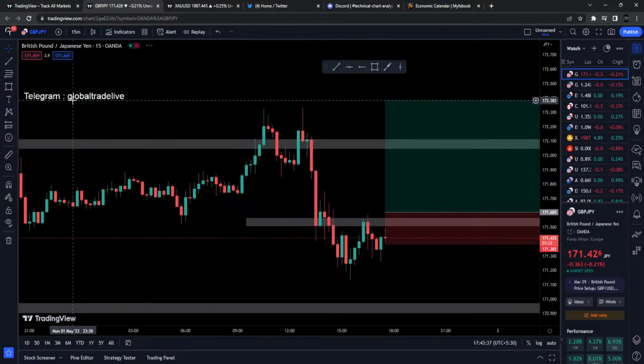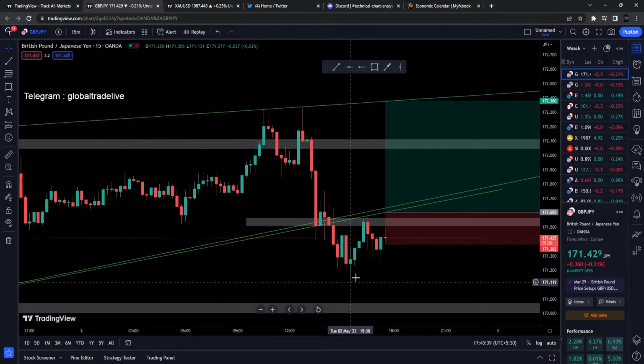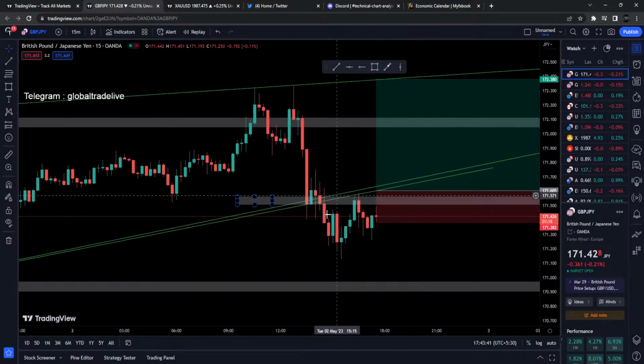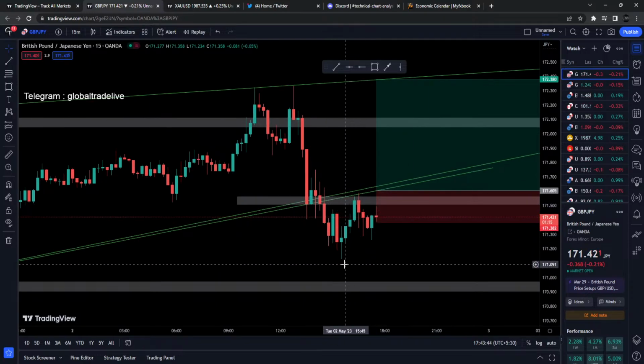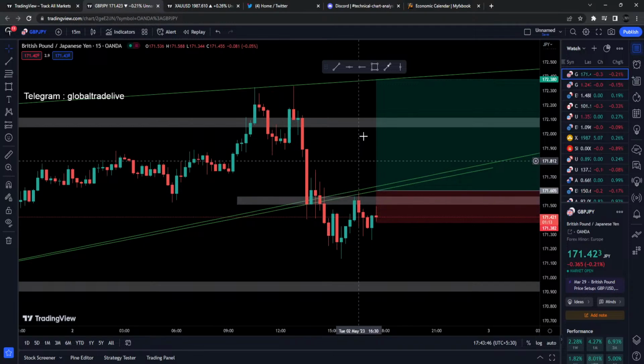So the 15-minute candle is about to close, so let's have a look at how this will look in the GBP JPY. I think there is a channel going on as well in GBP JPY.